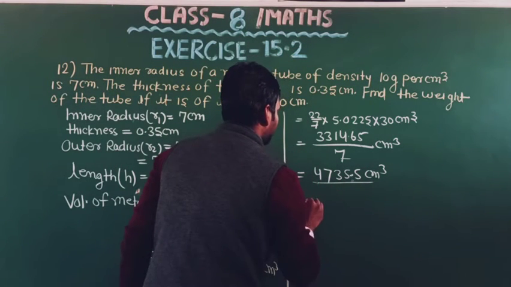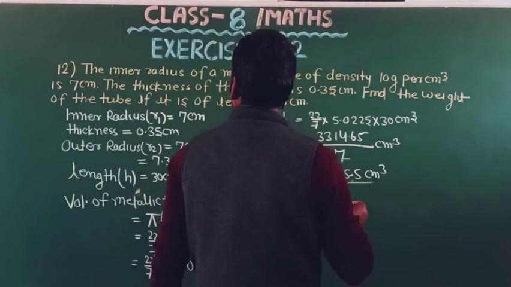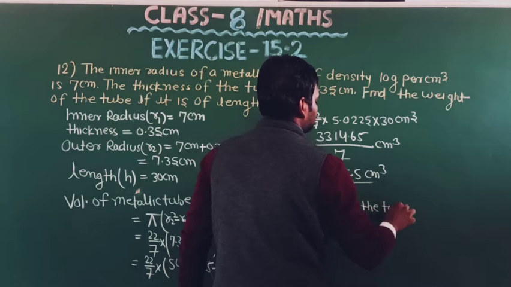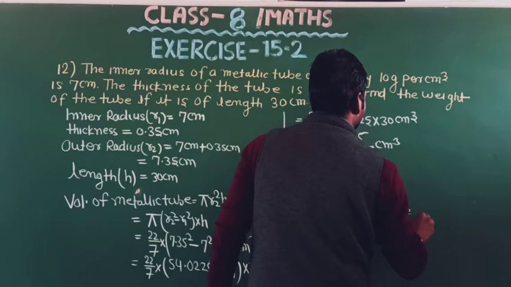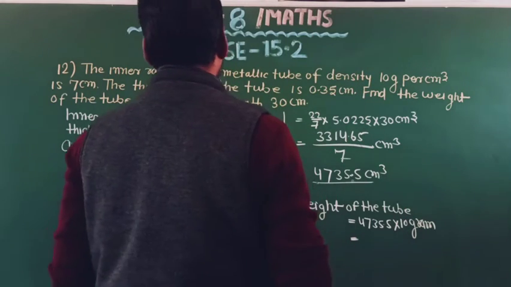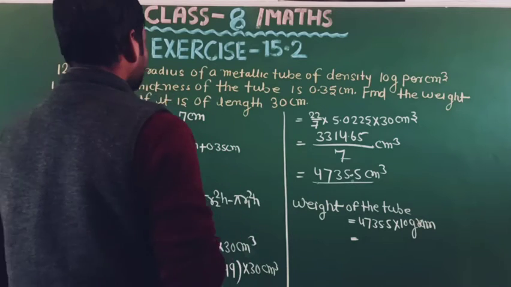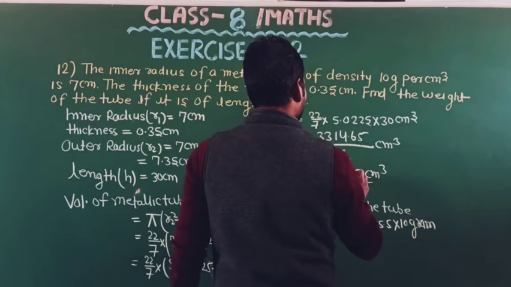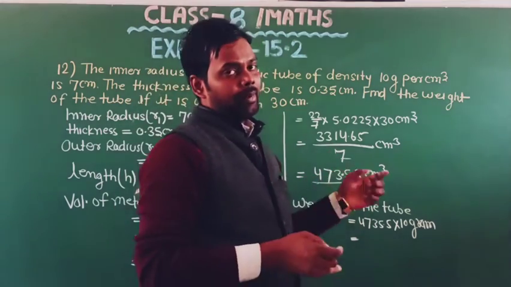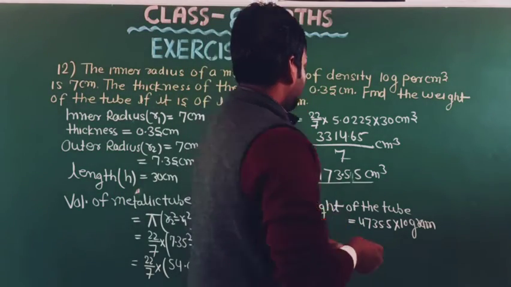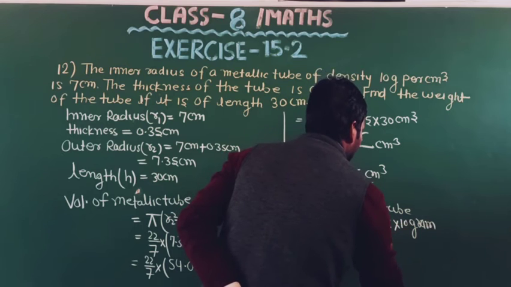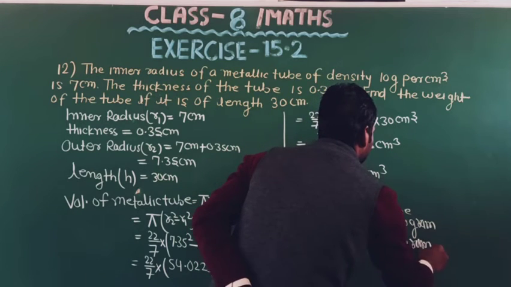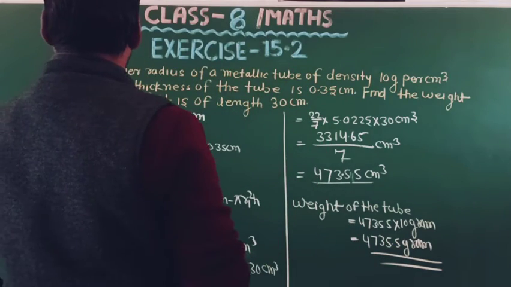So the weight of the tube equals 4735.5 into 10 gram, and finally that gives us 4735.5 gram.